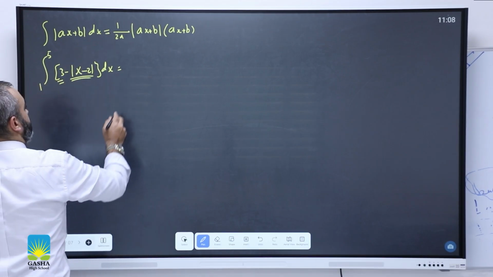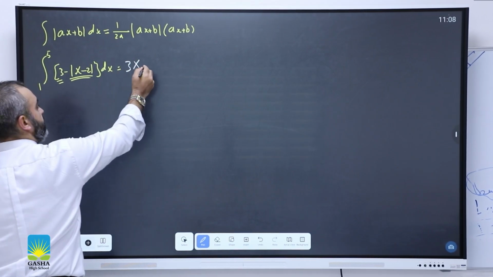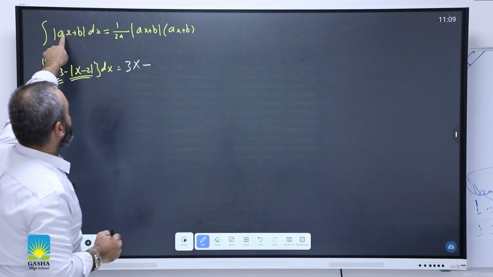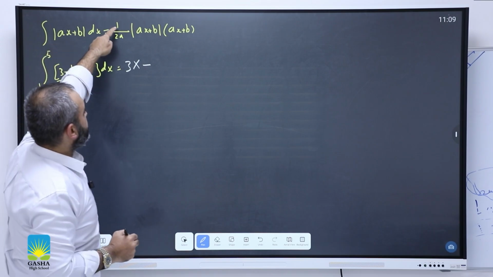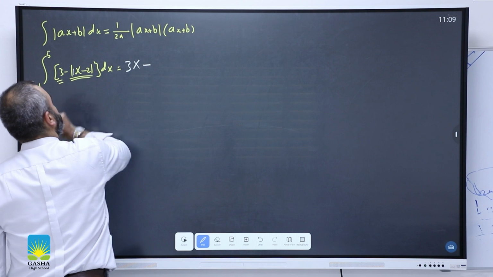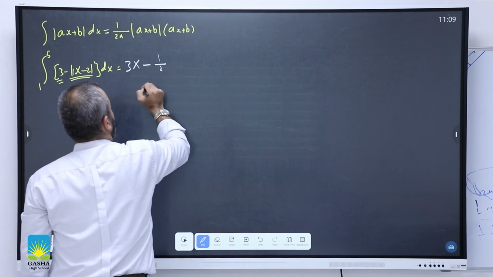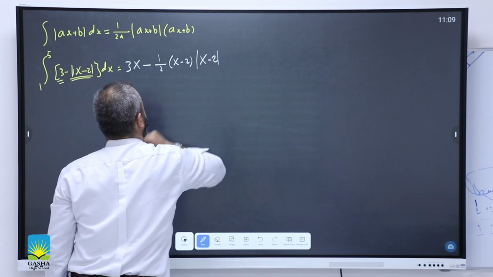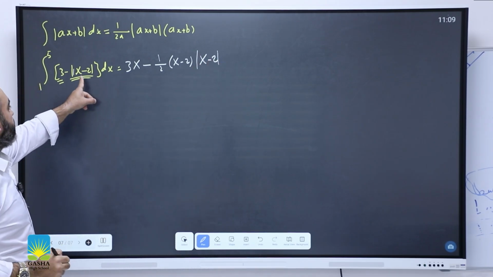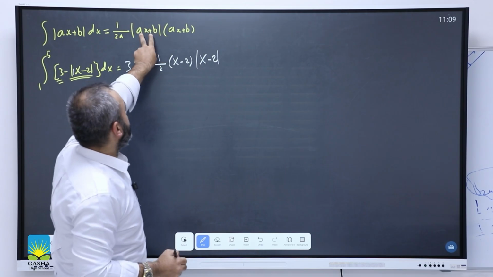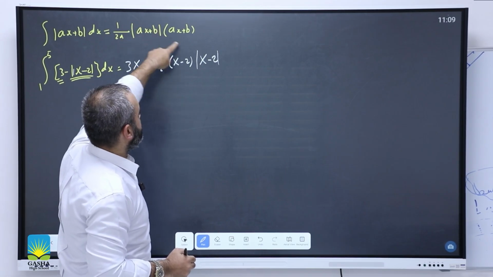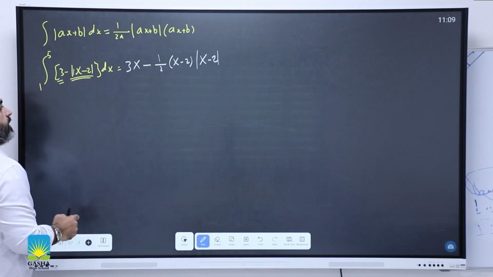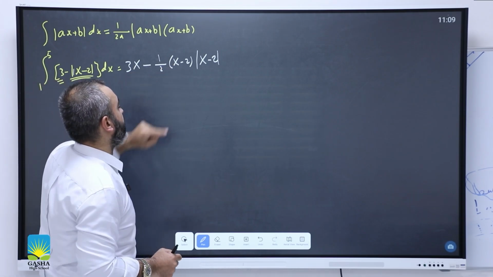The integral of 3 becomes 3x, minus. What about the absolute value of x minus 2? It's like ax plus b, so it's 1 over 2a, where a here is 1. So 1 over 2, x minus 2, times the absolute value of x minus 2, right? We write x minus 2 two times: once inside the absolute value, and once not inside the absolute value.